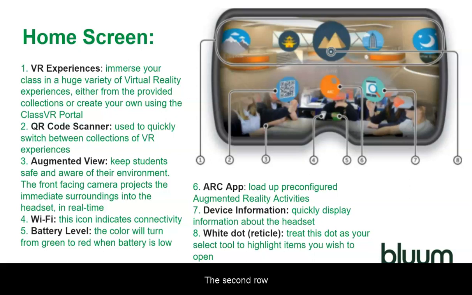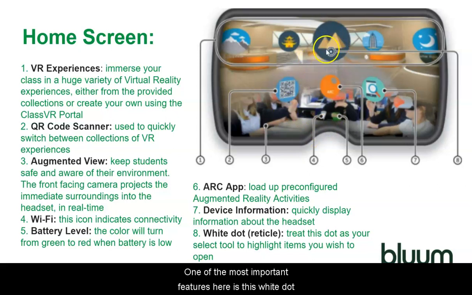The second row has all of your additional tools, such as your QR scanner, your ARC app, and your device settings. Towards the very bottom of the screen, you'll see your Wi-Fi and your battery. This is great if students tell you that their battery is flashing red. You'll know that that headset needs to be charged.